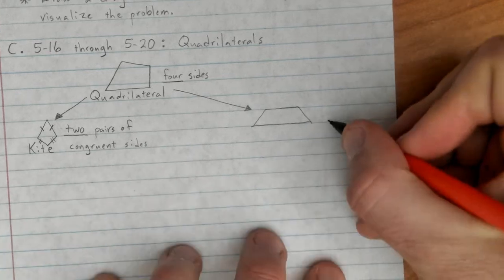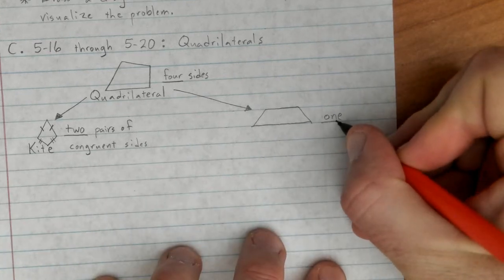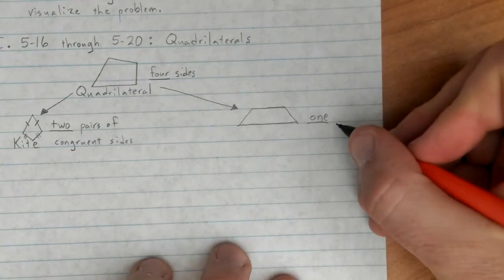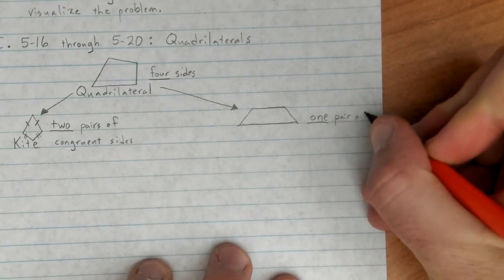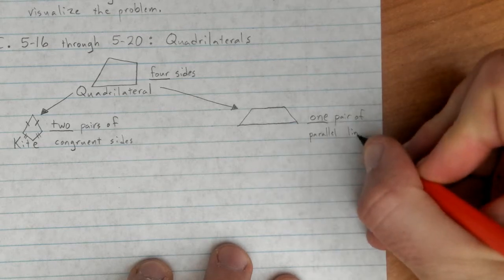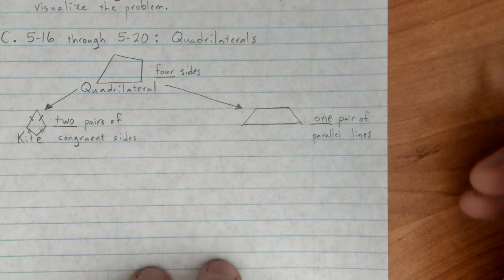One pair. One. And I keep underlining the numbers because, as I'm sure you can tell, that's pretty important. One pair of parallel lines.